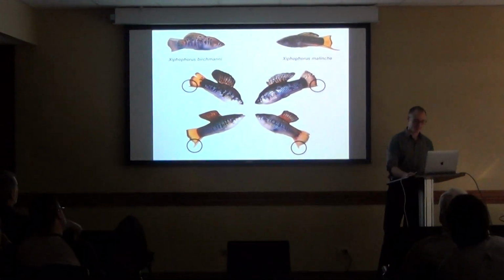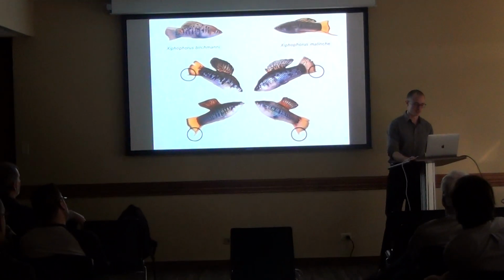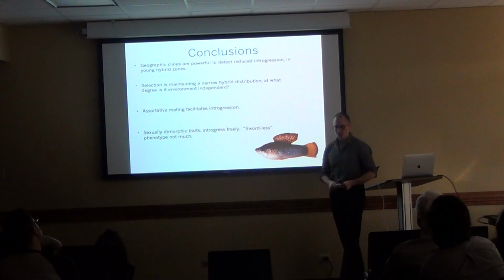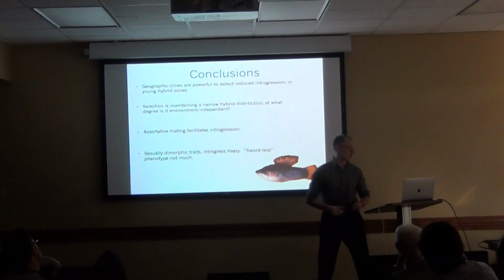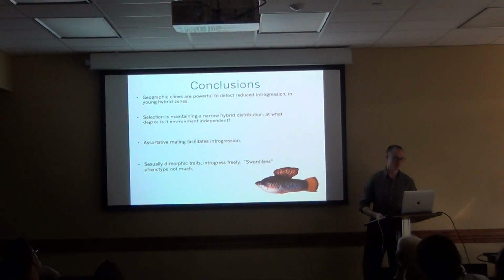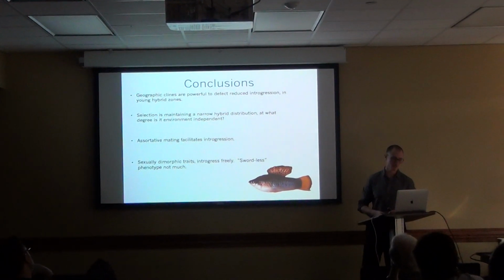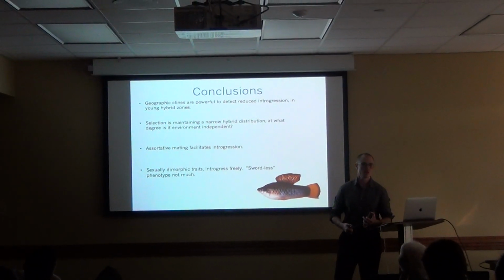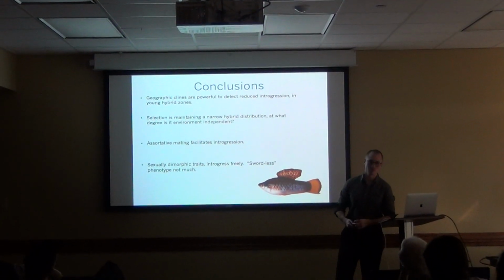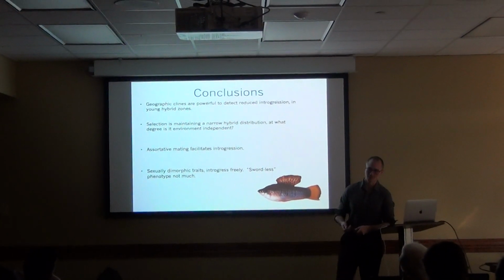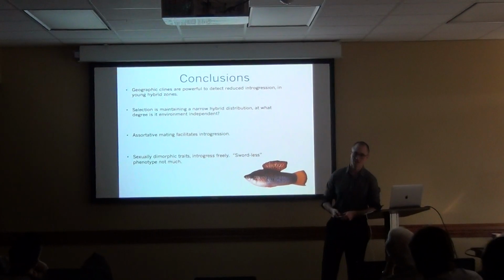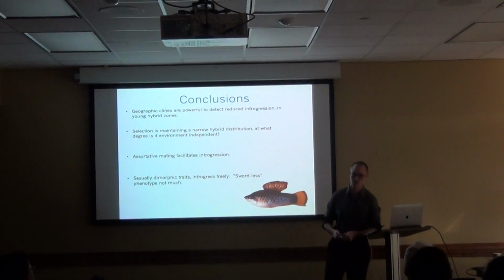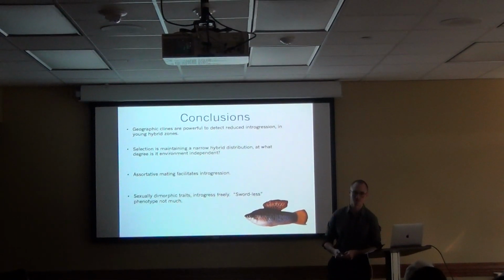So for all these 8 years of being here in my project, it's an exciting time to study our model system. We know that geographic clines are powerful to detect reduced introgression. Honestly, I want to go out right now, take a bus, and go hike that mountain again to the Guasalingo center to see what is going on with that structured population.